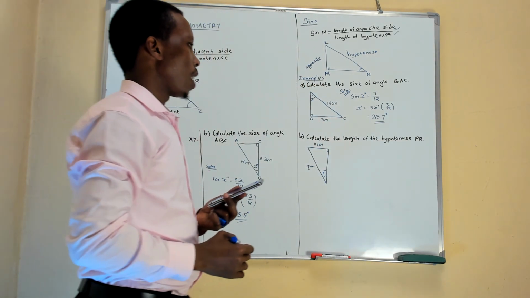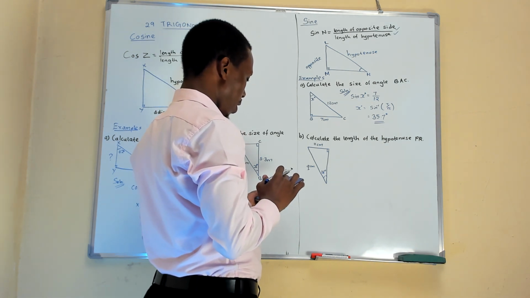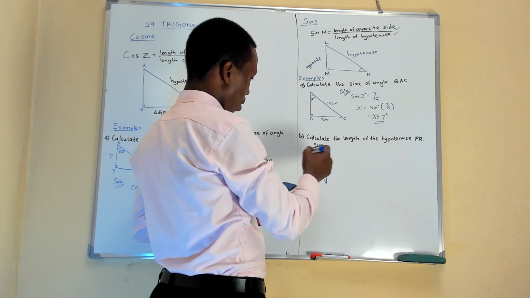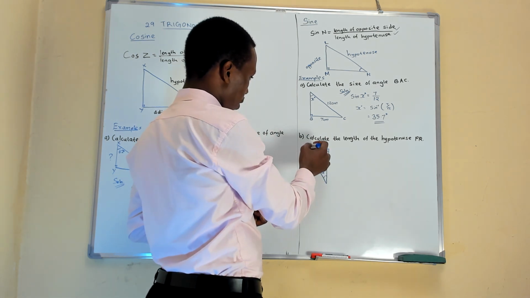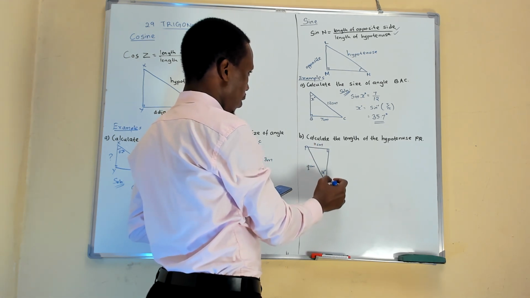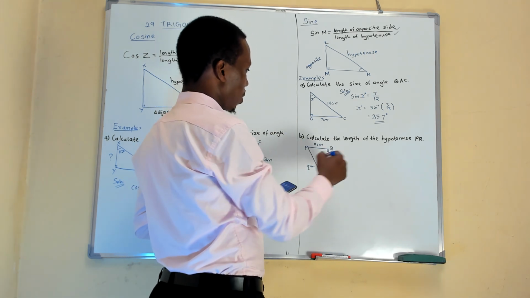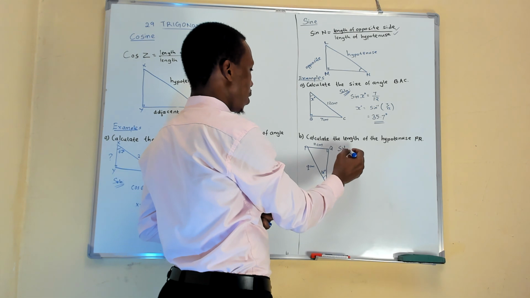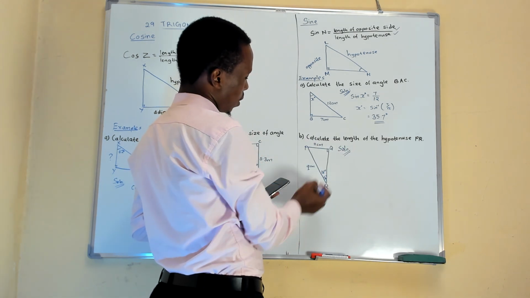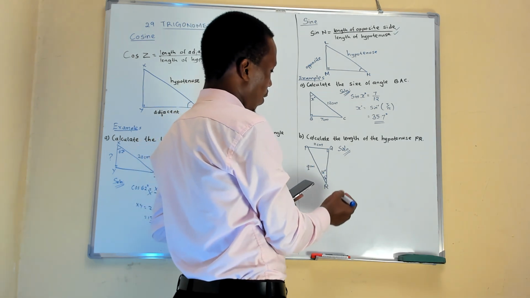Then calculate the length of the hypotenuse, PR. This is the hypotenuse, PR, then that is Q. So the solution is, if you look at this angle, we have the opposite, and now we are being asked the hypotenuse, and we have the angle, so we use sine.